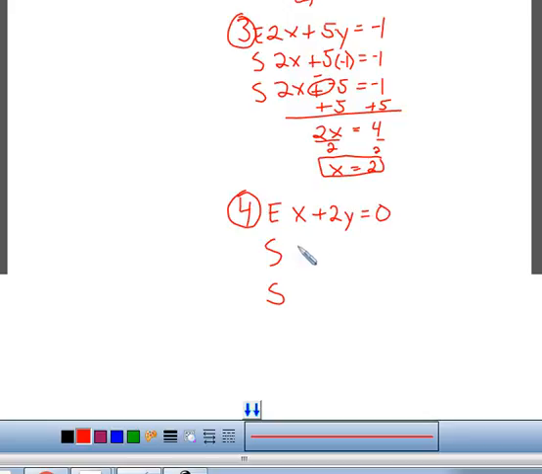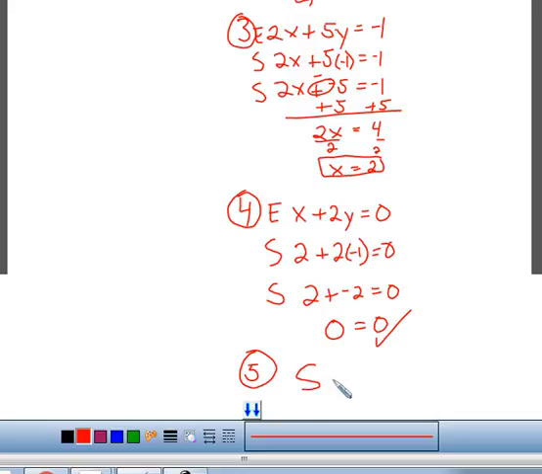So I'm plugging in 2 for x, negative 1 for y. So 2 plus negative 2 equals 0, and that is true. 0 equals 0. So it checks. Step 5, solution. My x value is 2. My y value is negative 1.